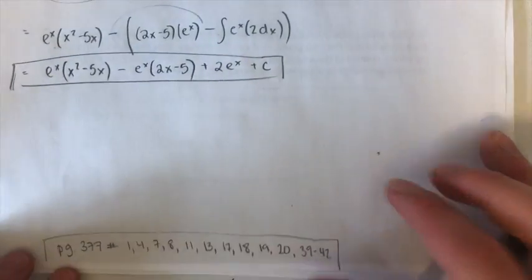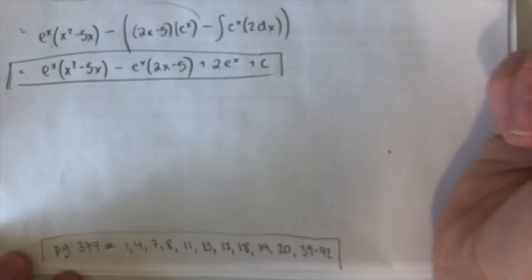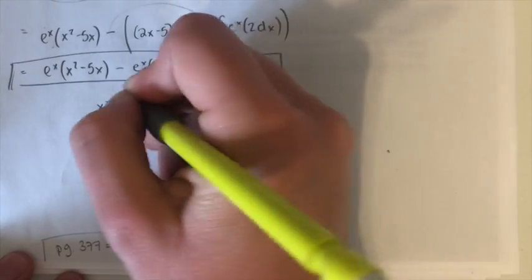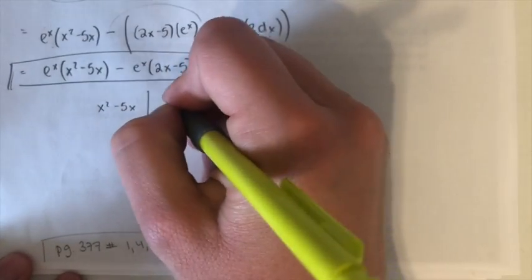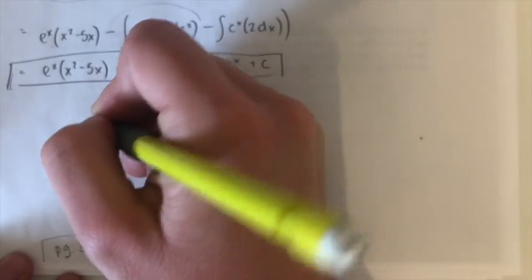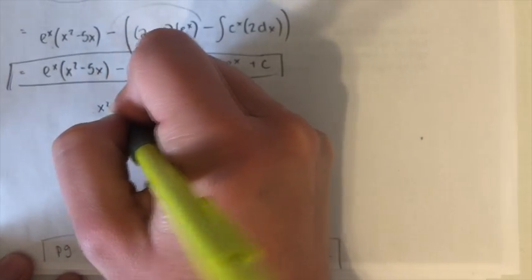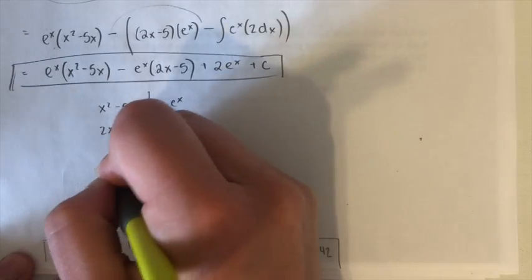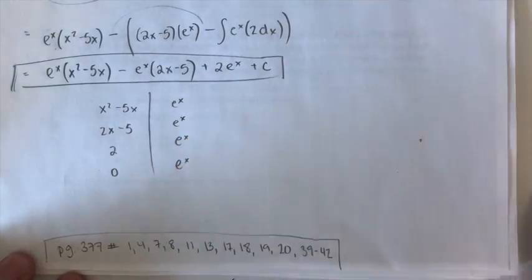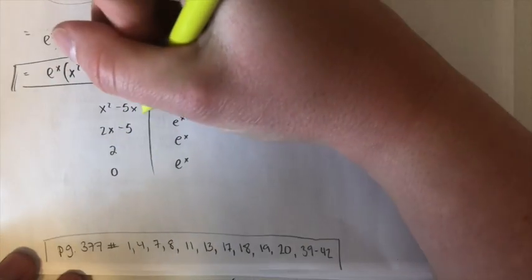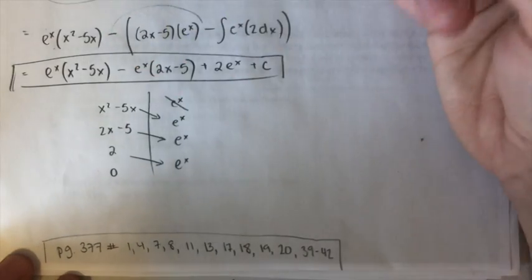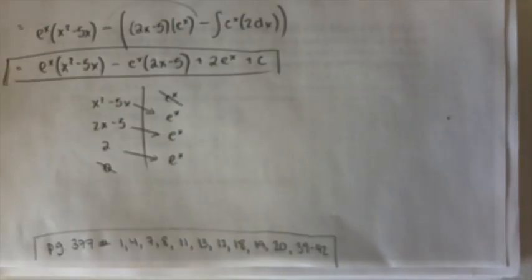To check it using tabular, remember that we're going to start with our x squared minus 5x on one side, and we're going to start with our e to the x on the other. So this side we're doing derivatives, this side we're doing integrals. So 2x minus 5, 2, 0, e to the x, e to the x, e to the x. That one's super easy. And then the top one on the right side doesn't matter, the bottom one on the left side doesn't matter.